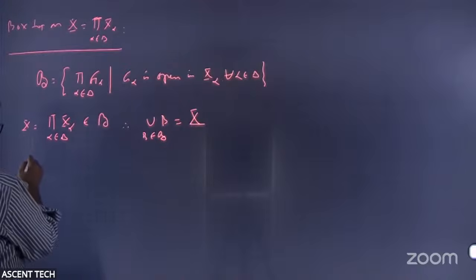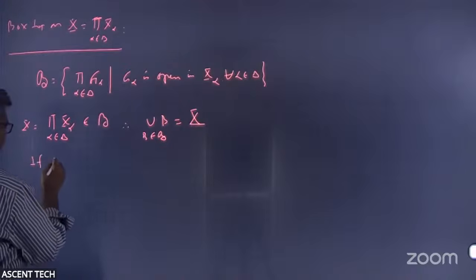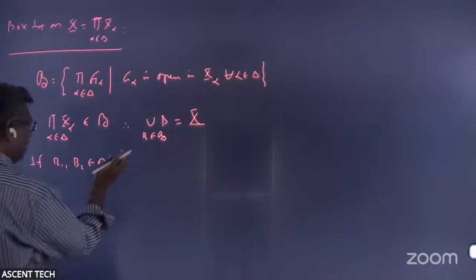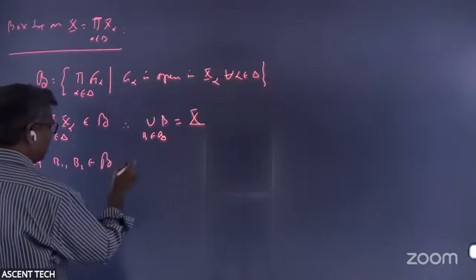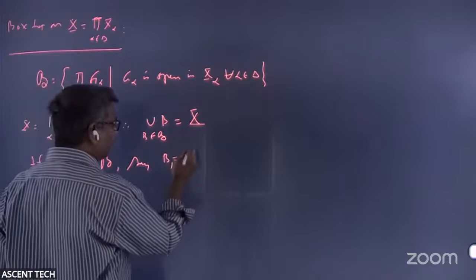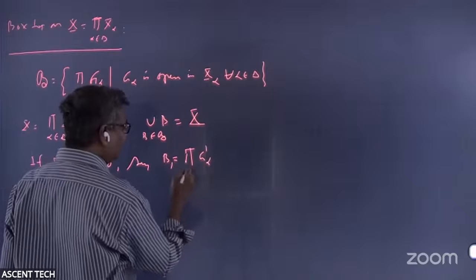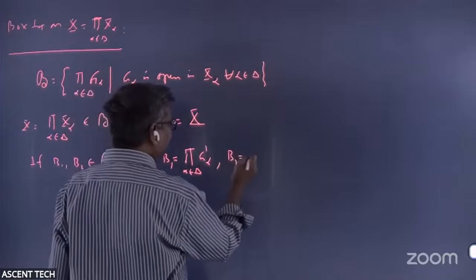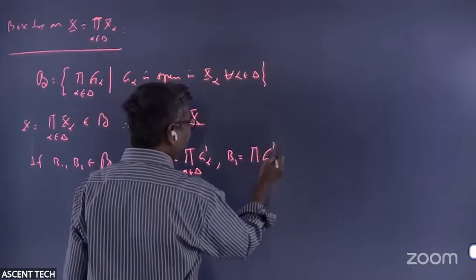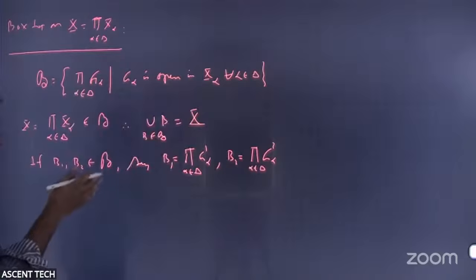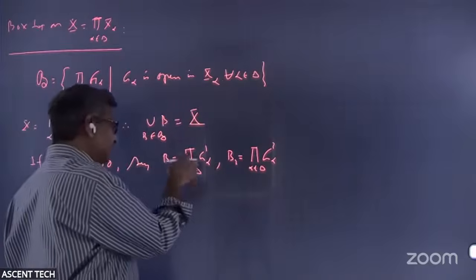And if B1 and B2 belong to B, say B1 is the product of G1 alpha, alpha in delta, and B2 is the product of G2 alpha, alpha in delta, where G1 alpha and G2 alpha are open sets in X alpha.